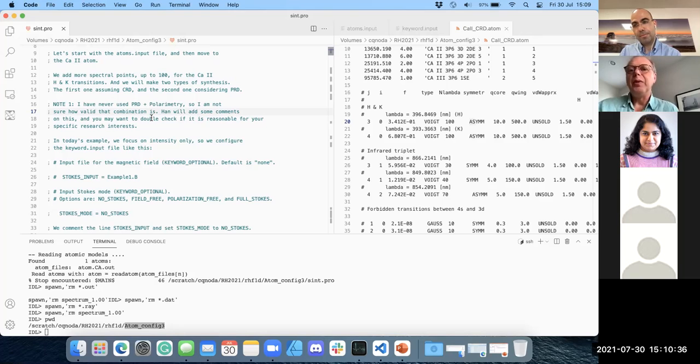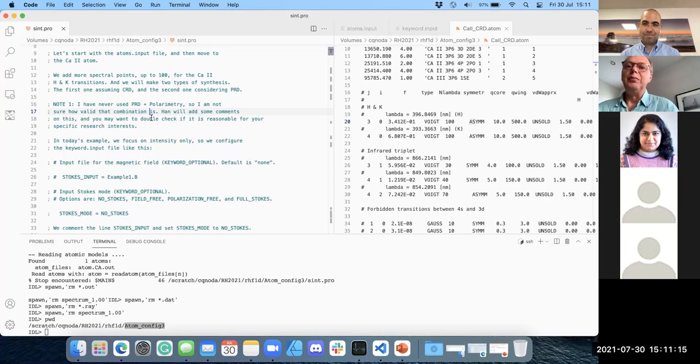Yeah, so in principle, the code will work with PRD and polarimetry. Well, for one, the code only takes into account the Zeeman effect. So PRD is important when scattering is important, and so also in that case, scattering polarization is probably more important. So we don't take into account all effects. So how well you reproduce the physics doing that is not very easy to define or to figure out.